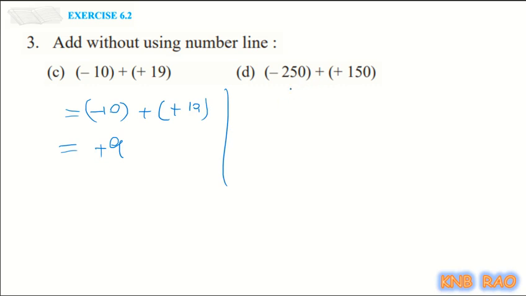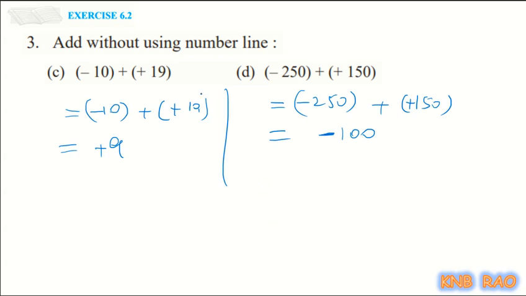Here when you are doing minus 250 and adding to 150, among them 250 is bigger than 150 by 100 steps, and here 250 has a nature of minus, so that minus we will take.